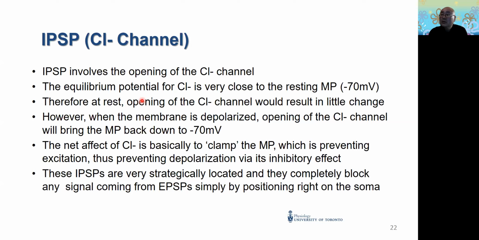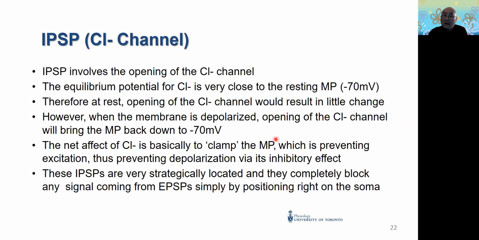If we were to use that Nernst equation, we'd see that the equilibrium potential for chloride is very close to the resting membrane potential, around -70. And we know there's no activity normally associated with the resting membrane potential. So if this chloride channel were to open, there would be very little change in the membrane potential as a whole.